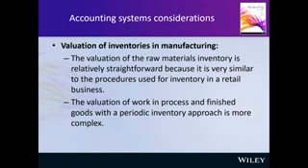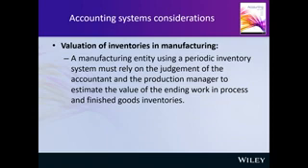So the valuation of raw material inventory is relatively straightforward because it is very similar to the procedure used for inventory in a retail business. The valuation of work in process and finished goods is more complex. This is the issue relating to the valuation in manufacturing. A manufacturing entity using a periodic inventory system must rely on the judgment of the accountant and production managers to estimate the value of ending work in process and finished goods.